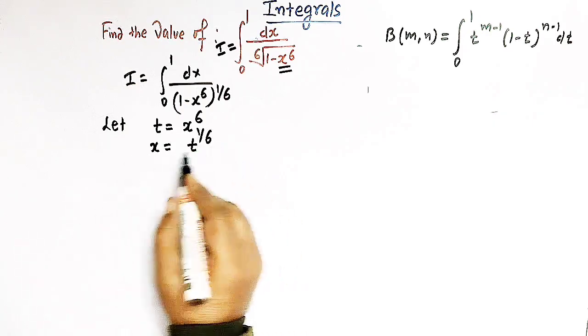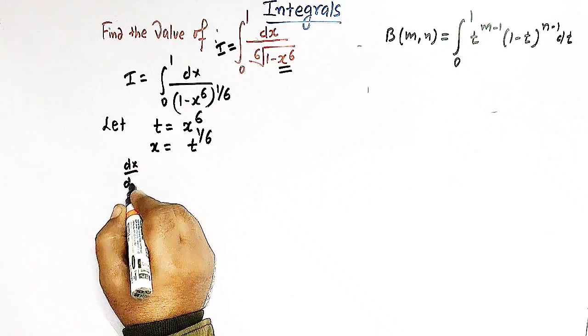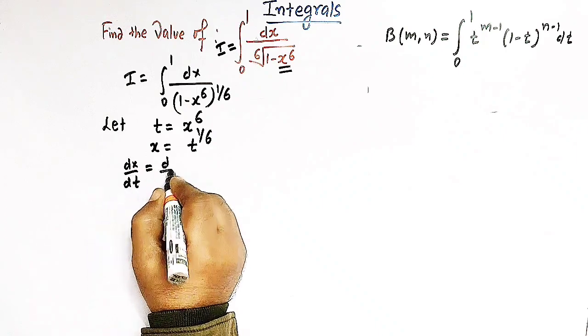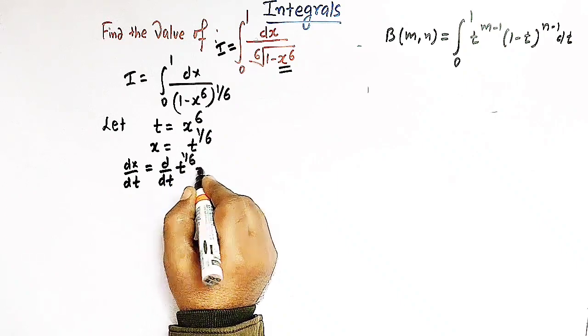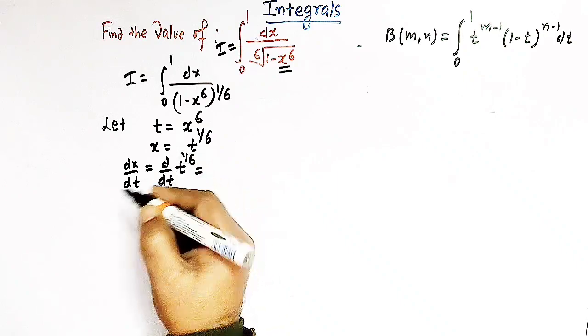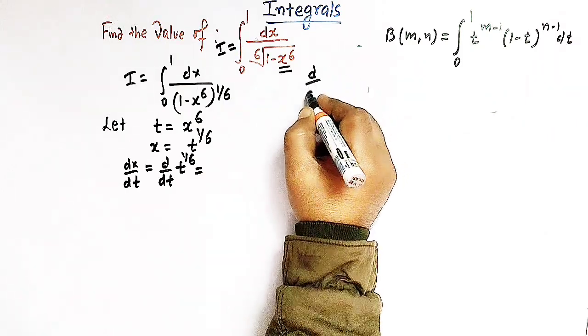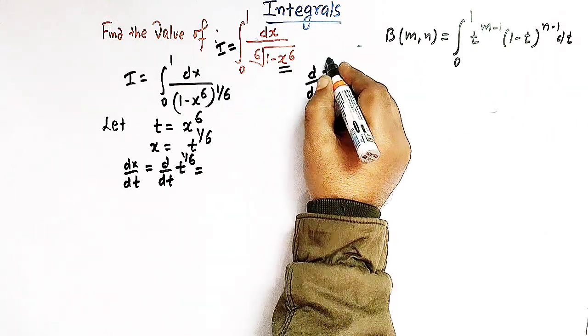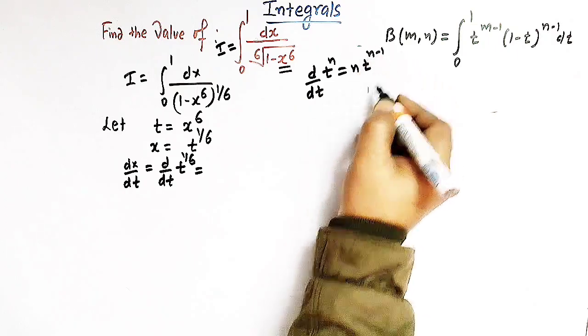Now let us differentiate x with respect to t. So we can now write dx over dt is equal to d by dt of t raised to 1 over 6. So using the power rule, that is the derivative of t raised to n is given by n times t raised to n minus 1.